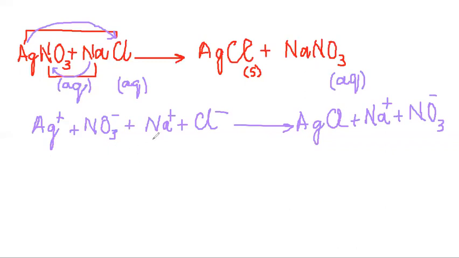Okay, now which ions are same on both sides? NO3 negative, NO3 negative will be cancelled. Na positive will be cancelled with Na positive. The rest of the equation is known as net ionic equation.